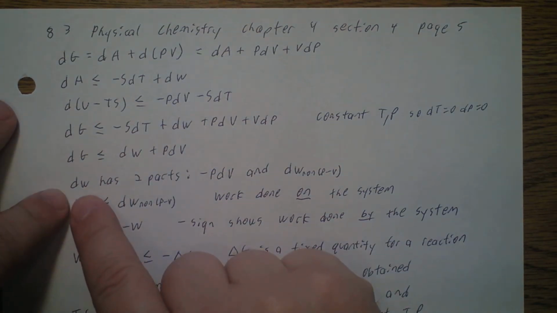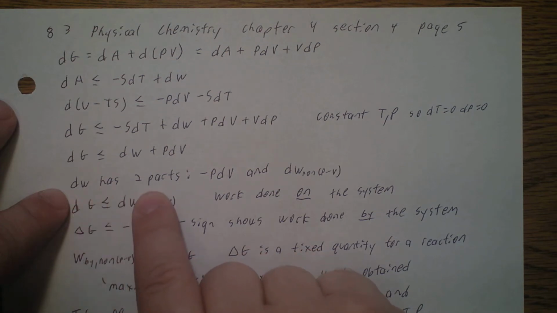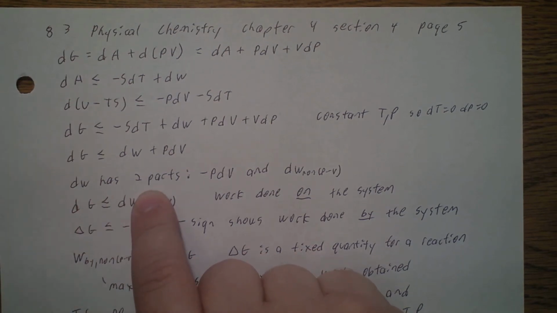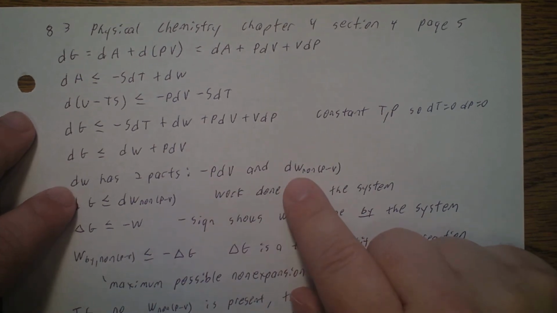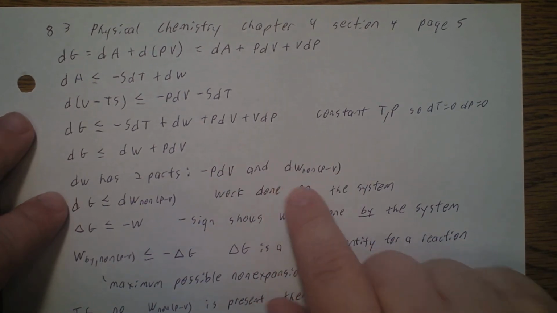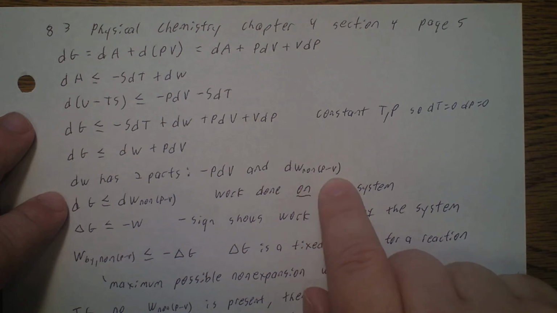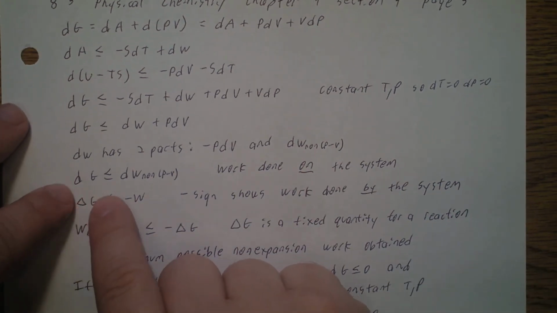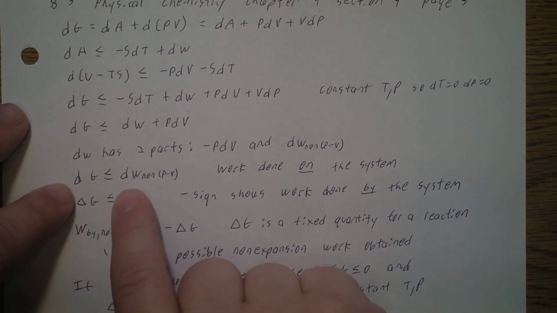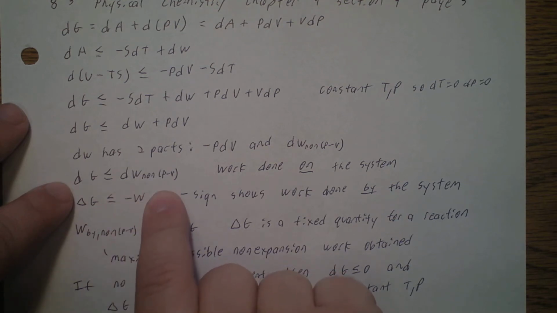So remember, dW has two parts. So far we've only talked about PV work, which is minus PdV, but there can also be non-PV work. So we're going to write dW and then specify as a subscript non-PV. So that means dG is less than or equal to dW non-PV.